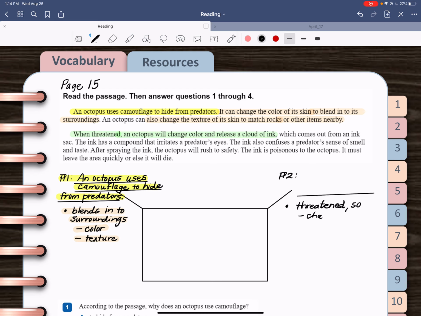It changes color and it releases that ink in a cloud from the ink sac. So it's swimming around and it has this ink stored up in an ink sac.